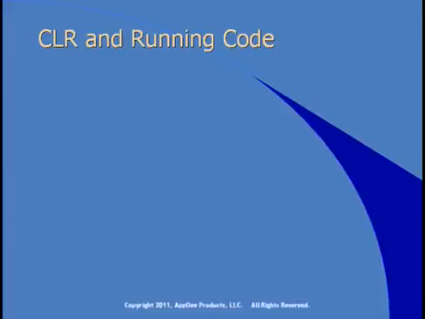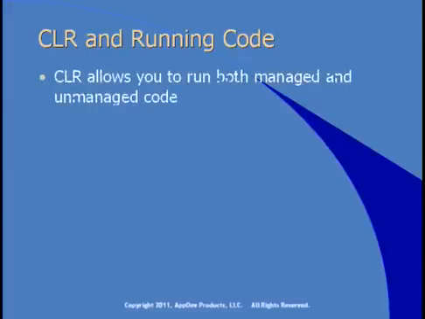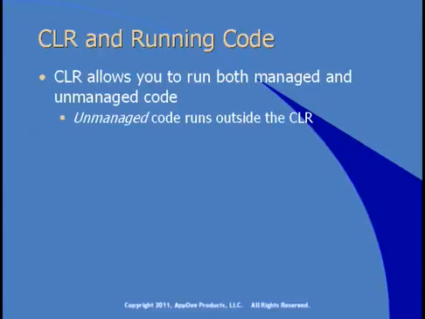Let's stop and look at how the CLR runs code. The CLR allows you to run both managed and unmanaged code. And what do those words even mean? Unmanaged code is code that runs outside the Common Language Runtime. That is, code that was written before we had the .NET Runtime, like VB6 or native C++ code that were compiled without .NET.